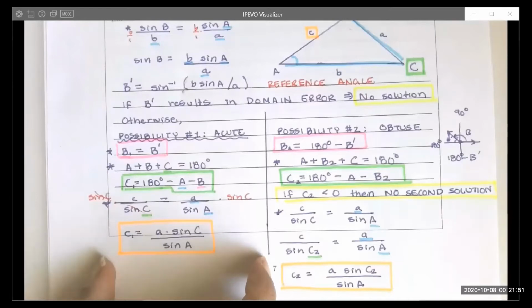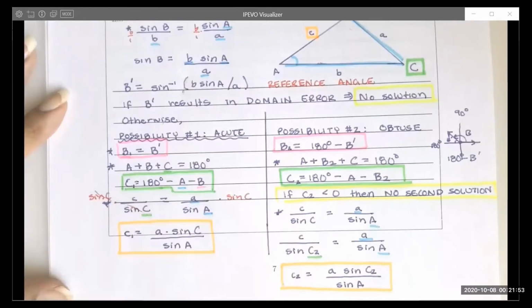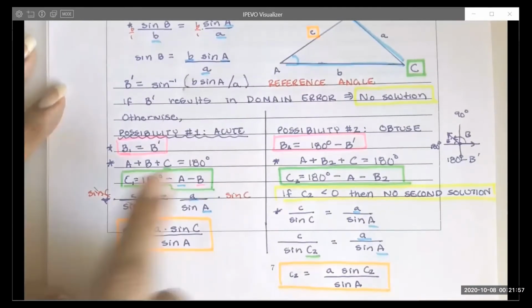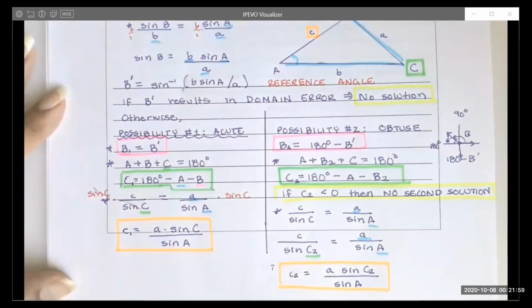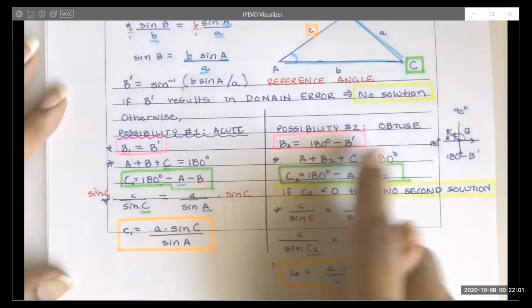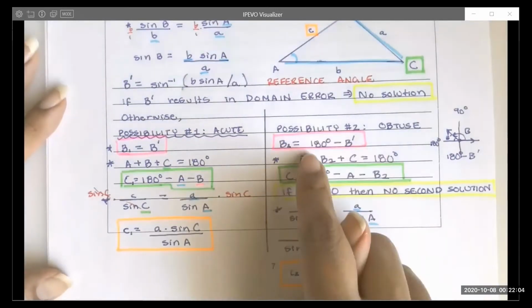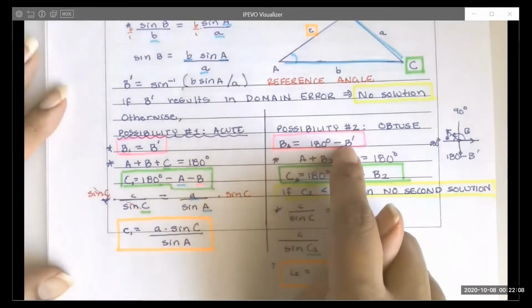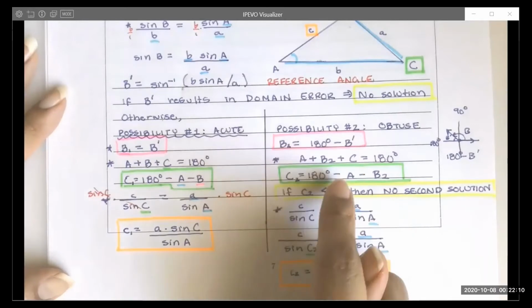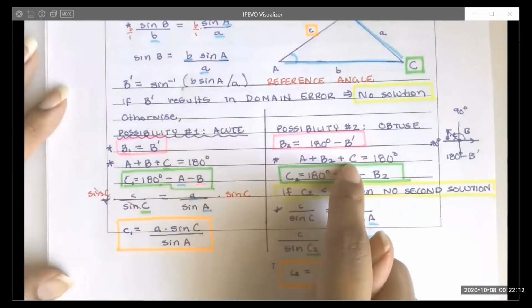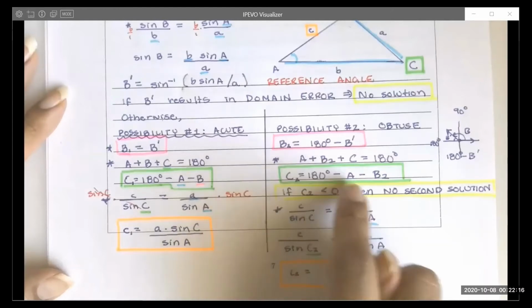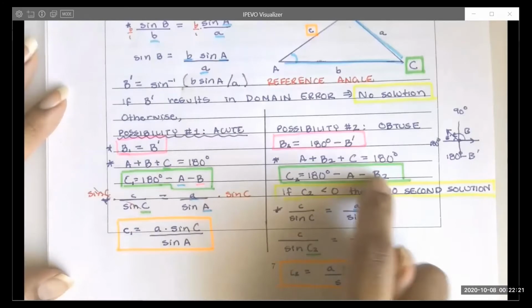Then you want to see if there is also a second triangle that's obtuse that can satisfy the given information. The way that you construct the obtuse triangle is you create B by taking 180 minus the reference angle. Then you calculate what C should be based on that B that you just found. So you do 180 minus the given angle A minus the B2 that was calculated.